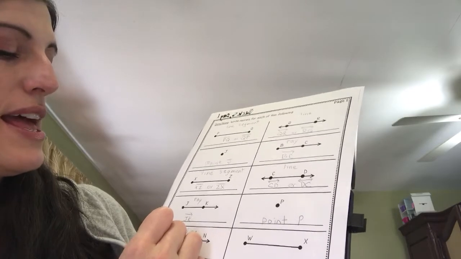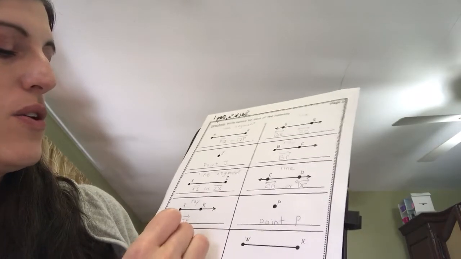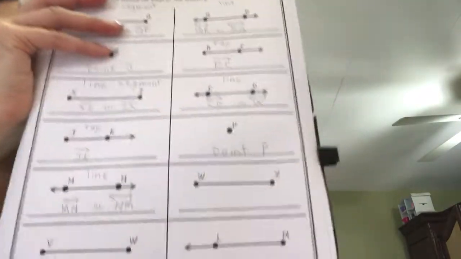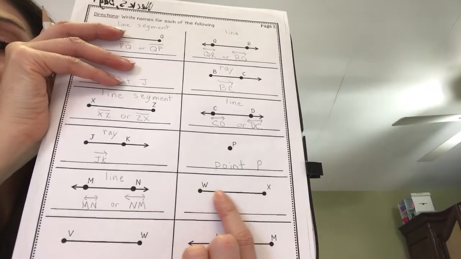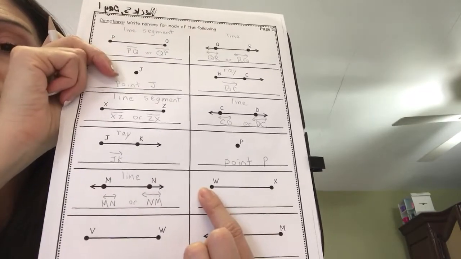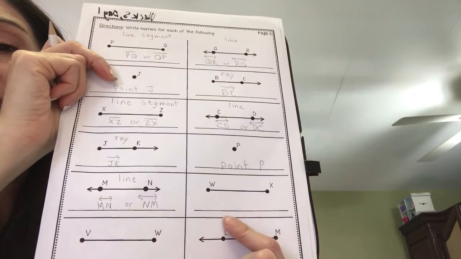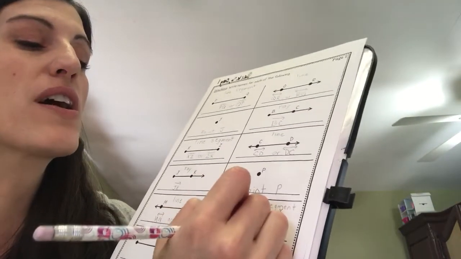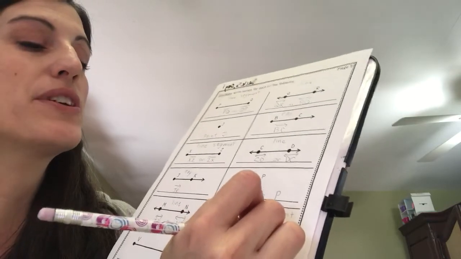And then, as you see, this one does not have arrows, so it is a line segment. And we could call this W, X, or X, W.